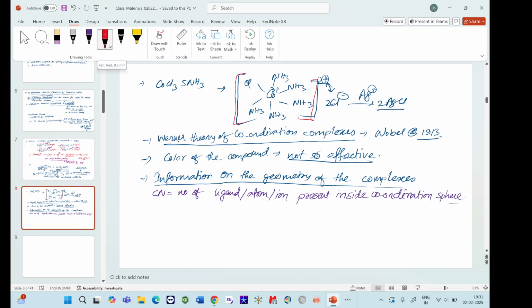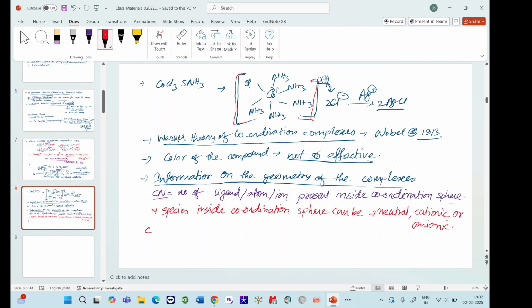The species inside the coordination sphere can be neutral, cationic, or anionic. Okay. And the number of species means the coordination number, or CN.